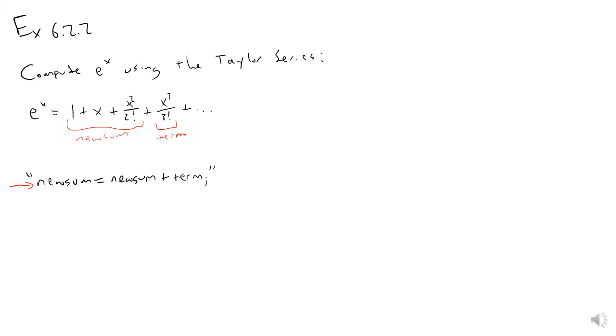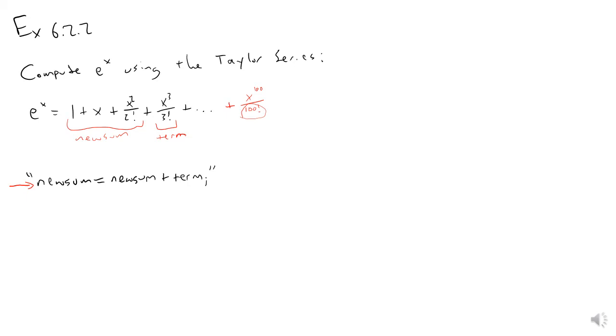In other words, you're going to keep going until you're adding something that doesn't really matter as far as the computer is concerned. For example, if I do x to the 100th over 100 factorial, since factorials grow much more quickly than polynomials, your denominator here is huge in comparison to your numerator.